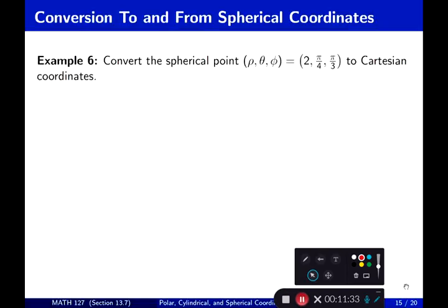Okay, now example time. Convert rho, theta, phi equal to 2, pi fourth, and pi third to Cartesian coordinates.